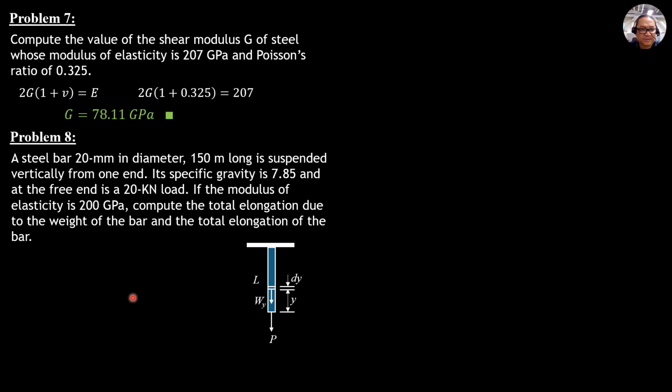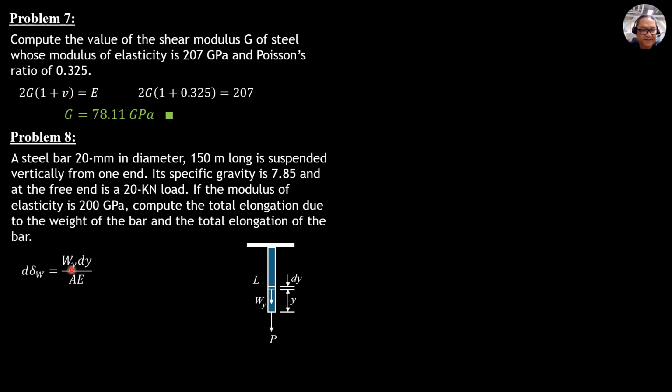So the constant force just below and just above that strip would be Wy. The differential deflection due to the weight has force Wy, length dy, divided by area times E. These are constants.